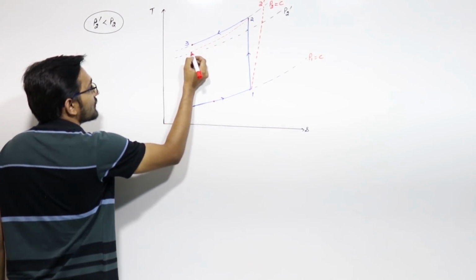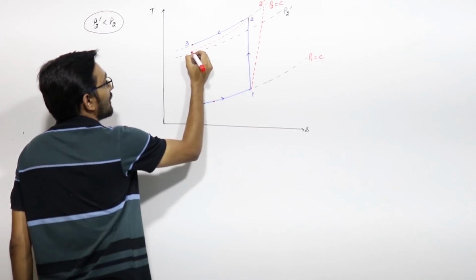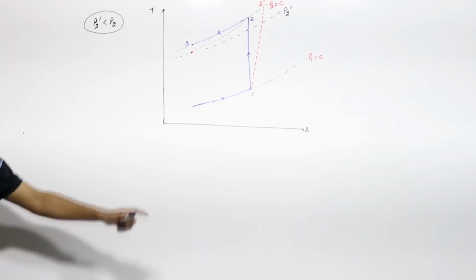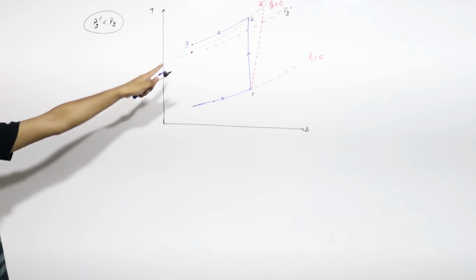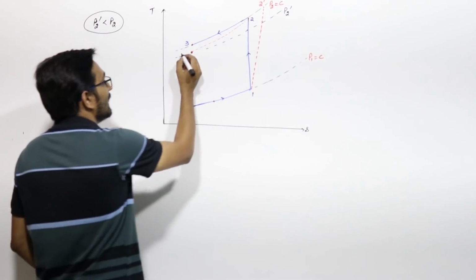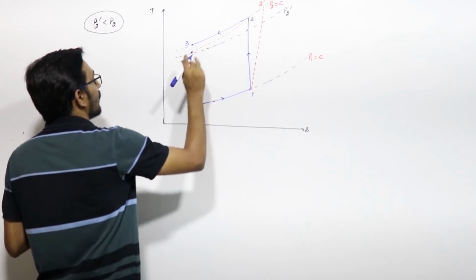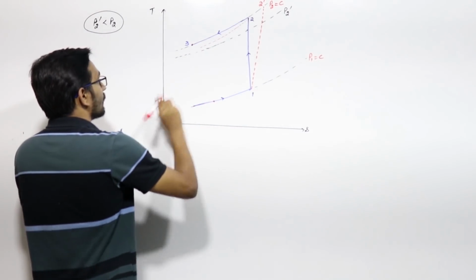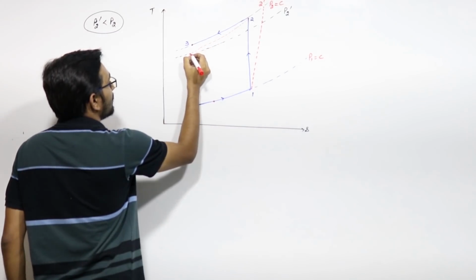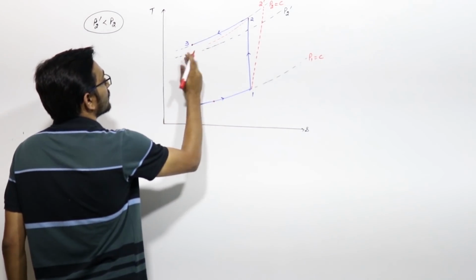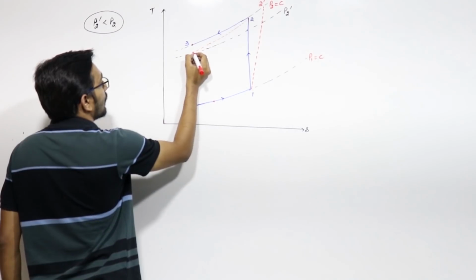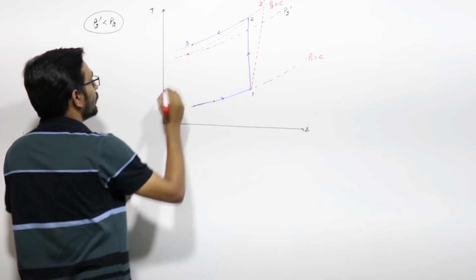Now it is not a constant pressure process. Remember this thing, pressure is changed from P2 to P2 dash. Now let us say the 3 point will be here, somewhat here on this line, right? The P3 will be here, on this line P2 dash.